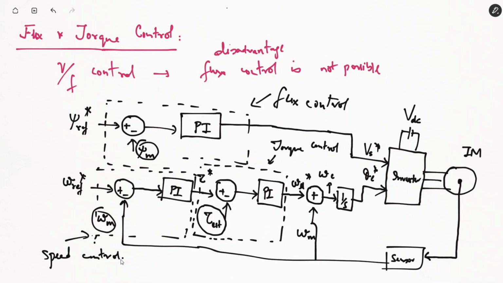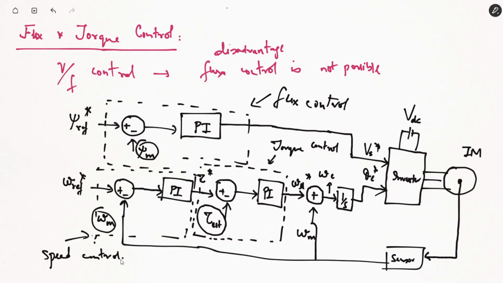But the disadvantage with this scheme is that since we are changing the flux of the induction machine, and since I have been saying that flux response is sluggish, flux builds up slowly in the system. Flux response is not as quick as the speed response.